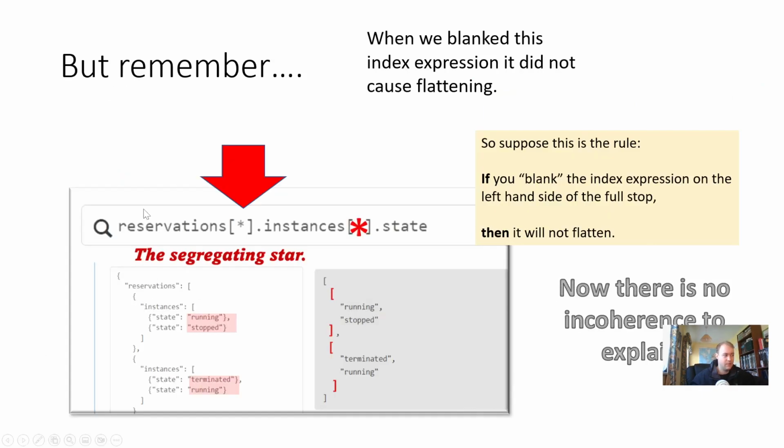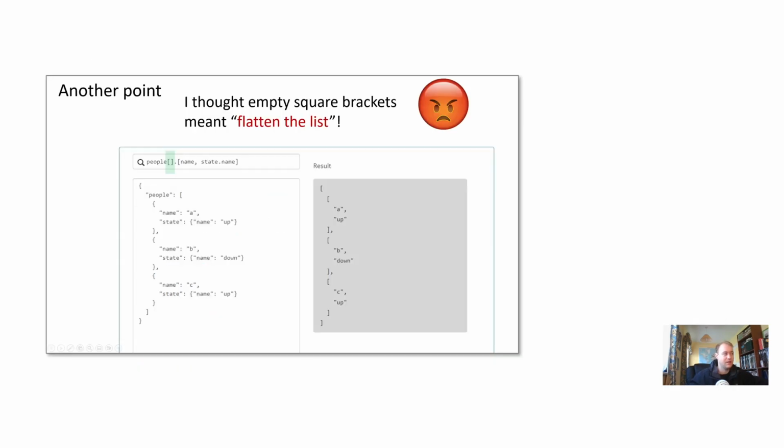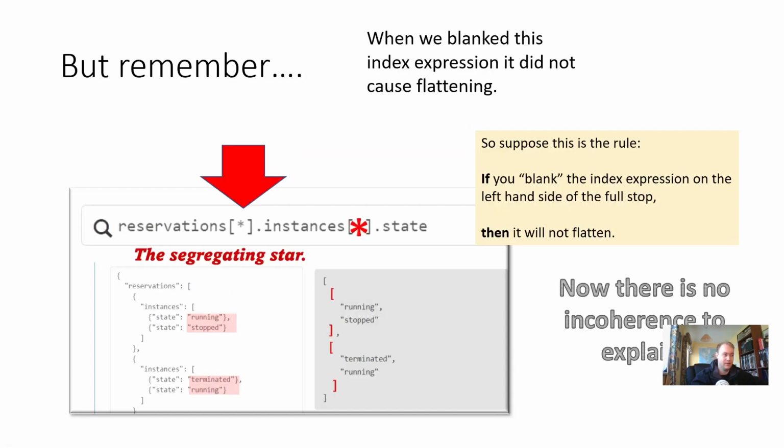Because here, remember, we removed the star, it was on the left hand side of the full stop, that's our sort of test, and it didn't work. So we could say, that's what's happening here. I'm explaining to the angry man, we have blanked out these square brackets, but they're to the left of the full stop. So that's why it doesn't cause flattening here, just like it didn't here.